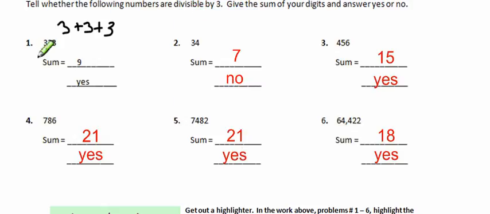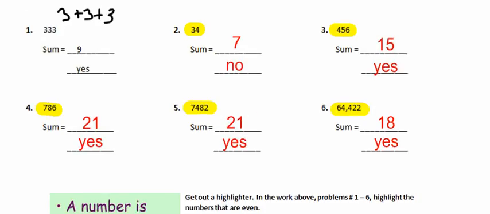So 333 ends in 3, and we just took notes saying any number that ends in a 3 is odd. So we're not going to highlight that. This is even, this is even, this is even, this is even, and this is even. So most of them are even.